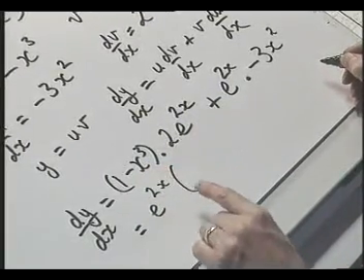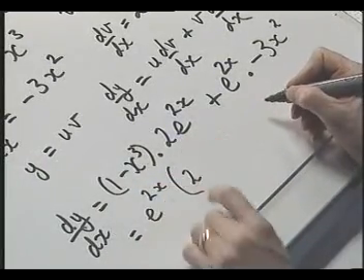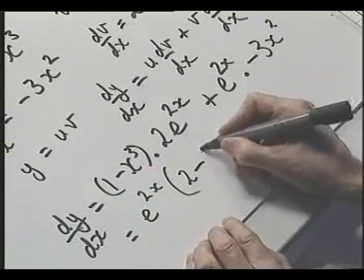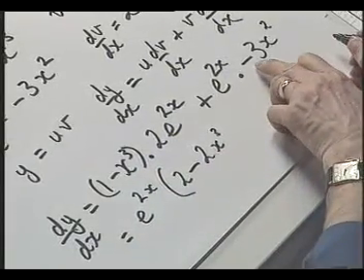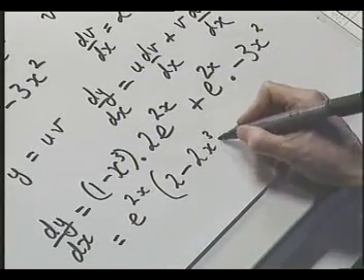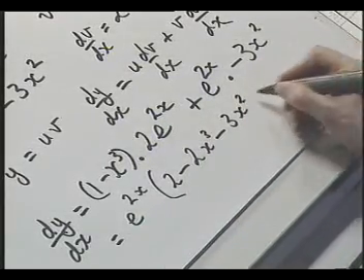So let's do that multiplication. So we've got 2 times by 1, minus 2 times by x cubed. And then from this one, we've got minus 3x squared.